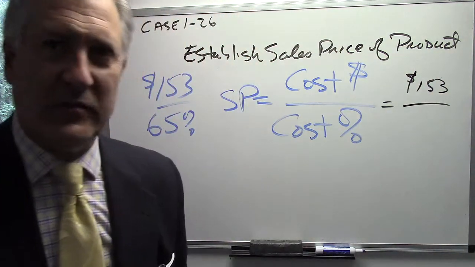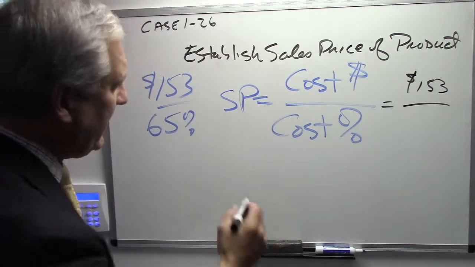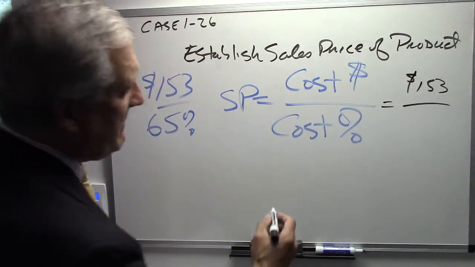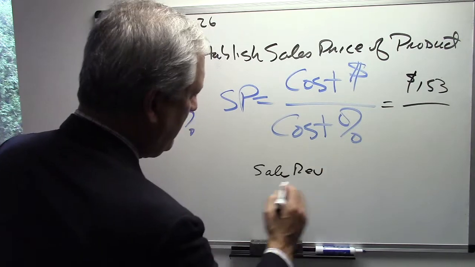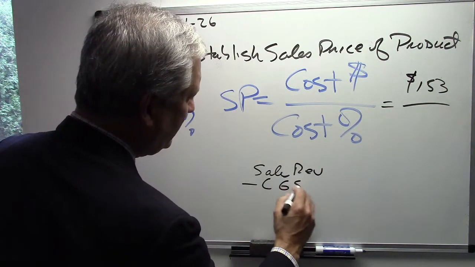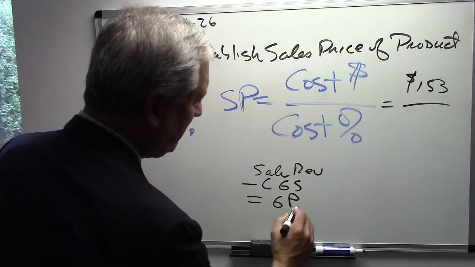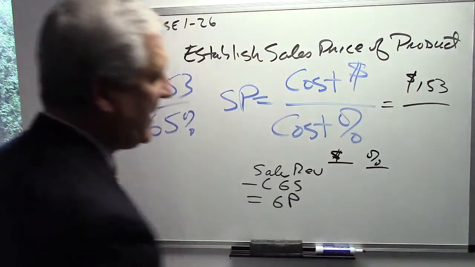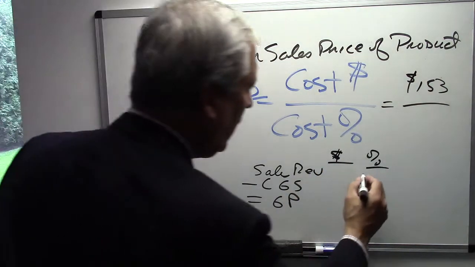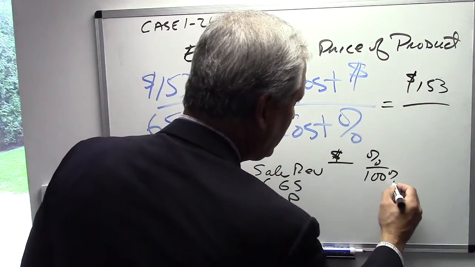What is the cost percentage? Well, let's remember this: sales revenue minus cost of goods sold equals gross profit. We can do this in dollars and we can do this in percentage. The sales revenue is always the 100% number.